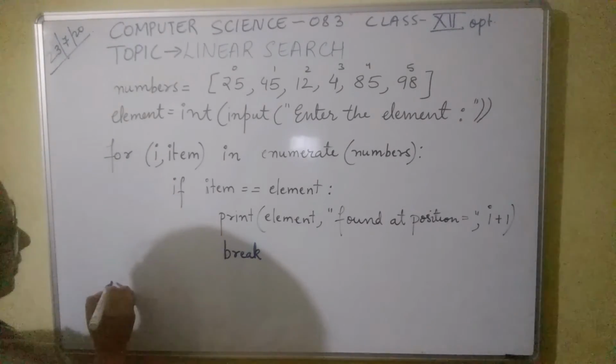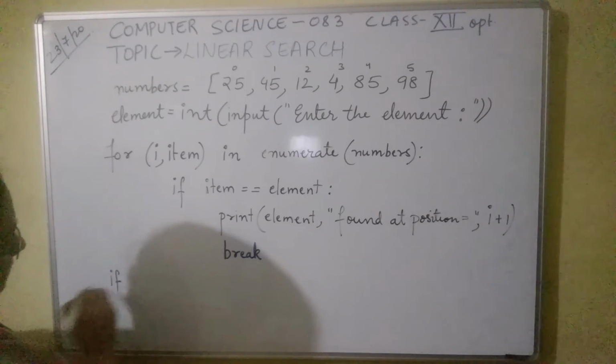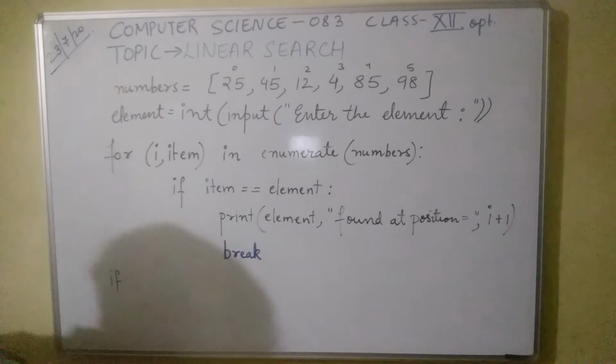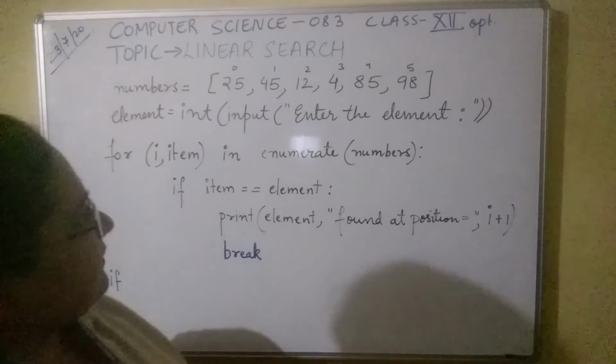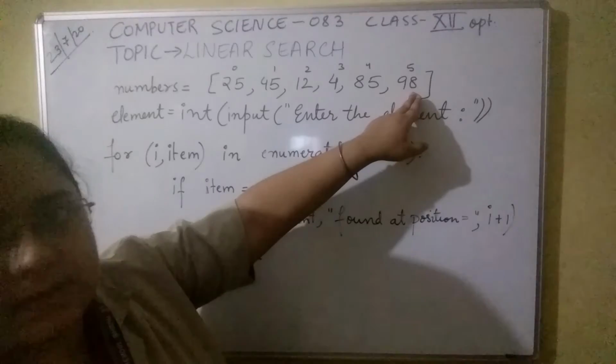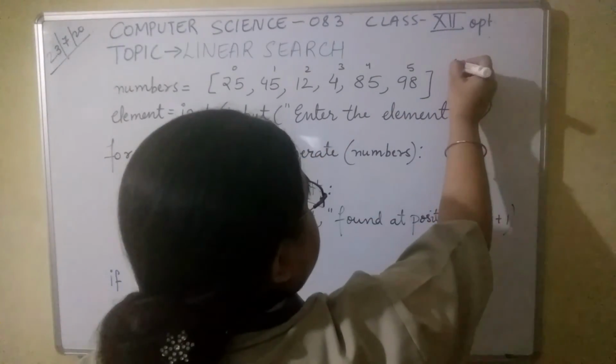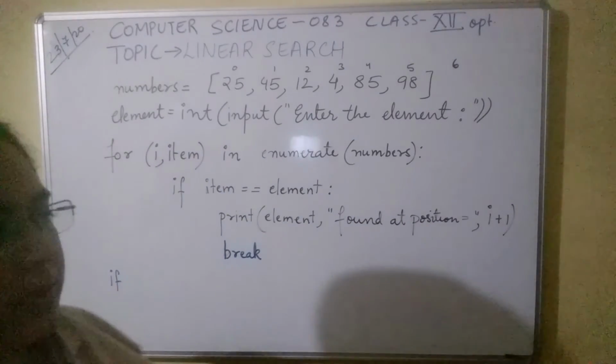Now I will type here if. Suppose the element is not found in the list, that means you have checked it till the last index and the index has now become 6, but you didn't find the element.